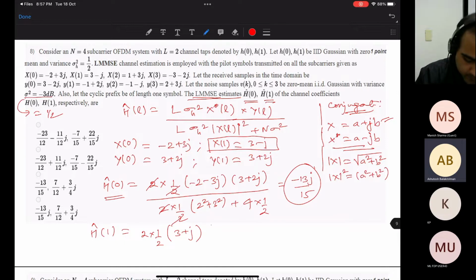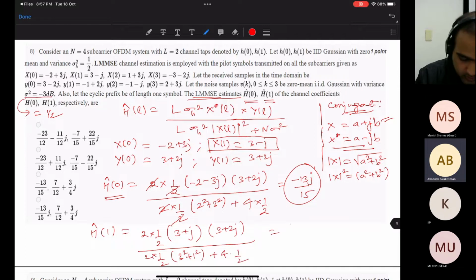And this is 3 plus 2j divided by 2 into half, and this is 3 square plus 1 square plus 4 times half, and if you solve this, this comes out to be 7 by 12 plus 3j by 4. So our answer is D.